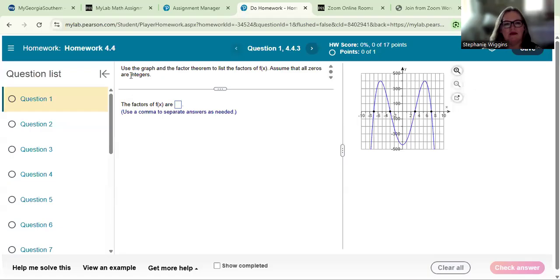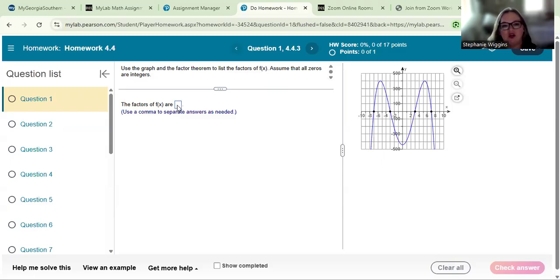All right, here's your homework assignment. We're asked to list the factors of f of x. We're not supposed to write f of x in factored form, just list the factors separated by commas. And we're assuming that all zeros are integers. So here you have -7, -3, 3, and 7 as your zeros.